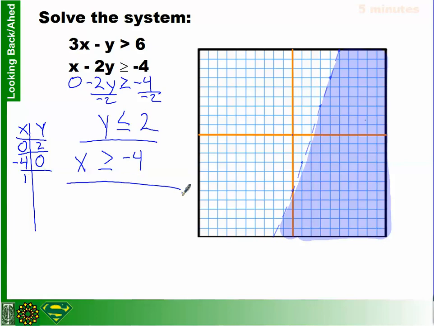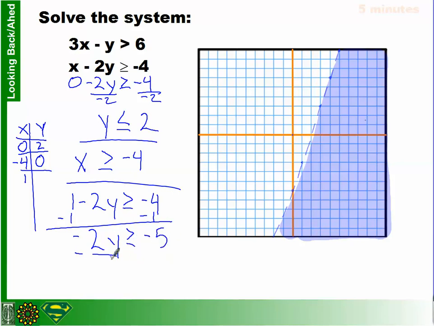And then finally, I'm going to plug in 1 for x, because that's easy. So I'm going to have 1 minus 2y is greater than or equal to negative 4. Minus 1, minus 1. So I have negative 2y is greater than or equal to negative 5. Divide by negative 2.